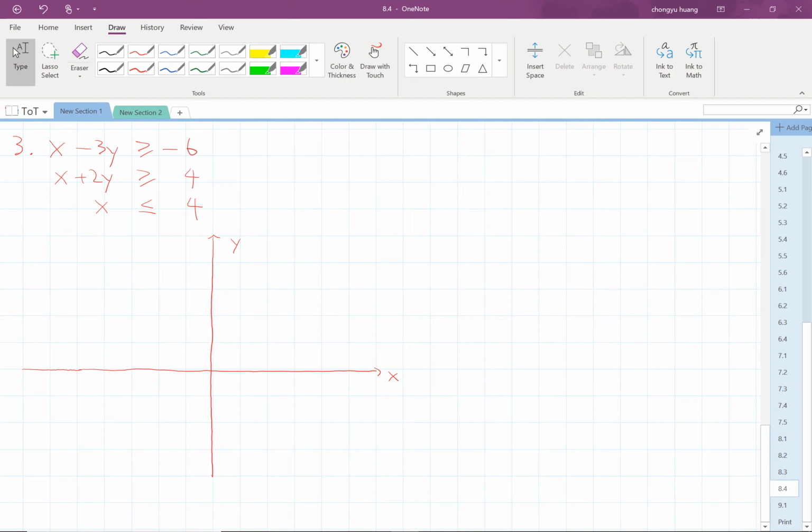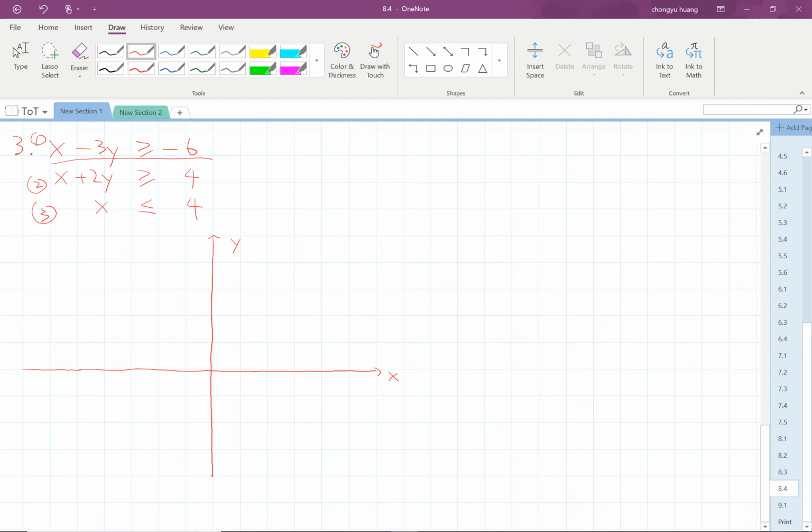First, you can see we have equation 1, this equation 2, and then this equation 3. So we have a total of 3 equations.